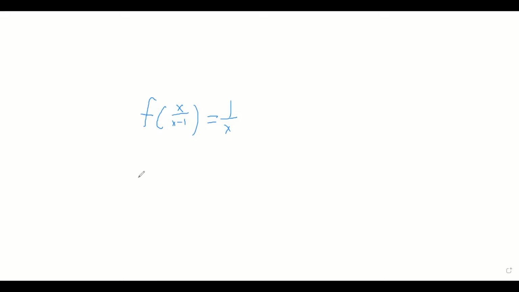So what you can do is rewrite the function. You want to figure out what exactly is f of x. If you first reciprocate this, you'll get x minus 1 over x, which is equal to 1 minus 1 over x.